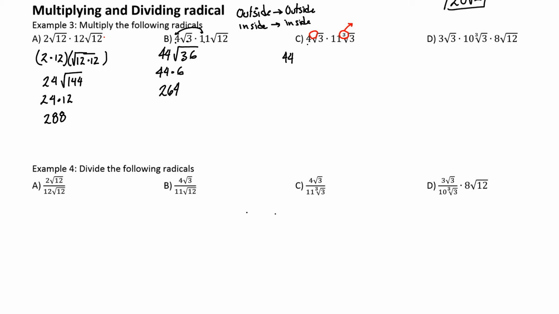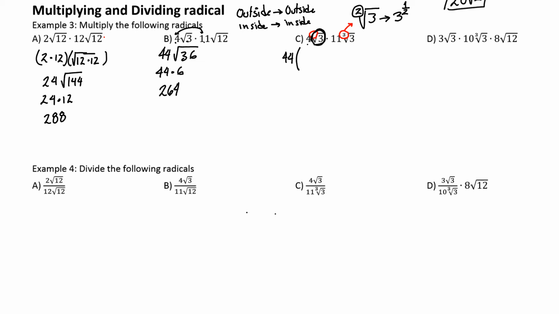Now, the way that we're going to try to deal with this is that we're going to change the square root of 3. Now, this is what happens. The square root of 3 always has an index of 2. We just never write it. Which means if we wanted to write a fraction on the exponent, we would have to write it like this: 3 to the power 1/2.